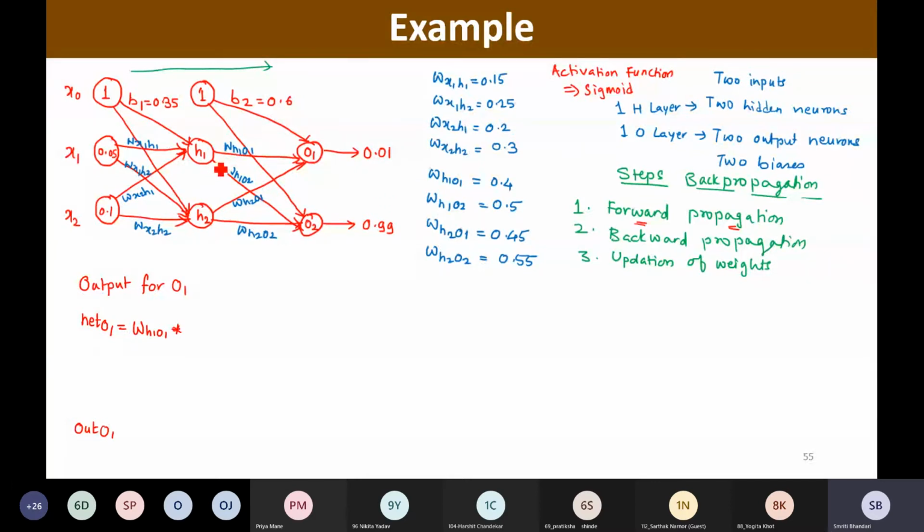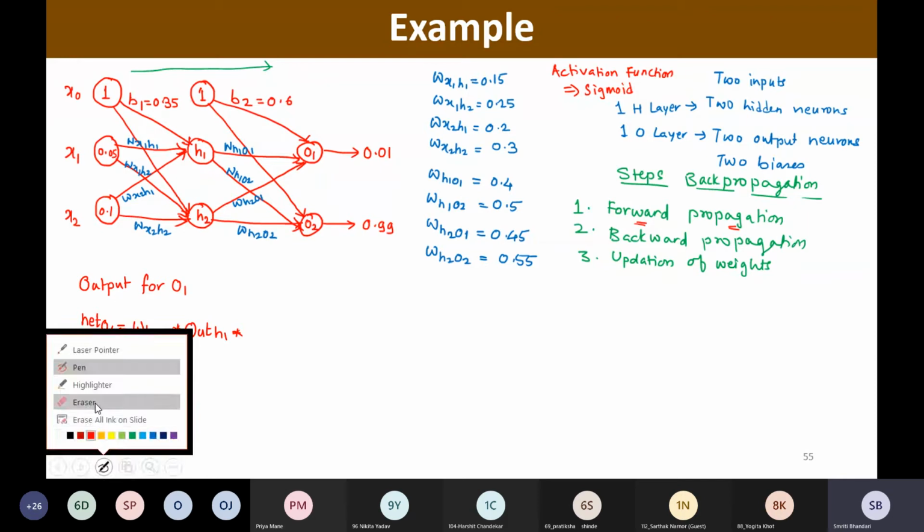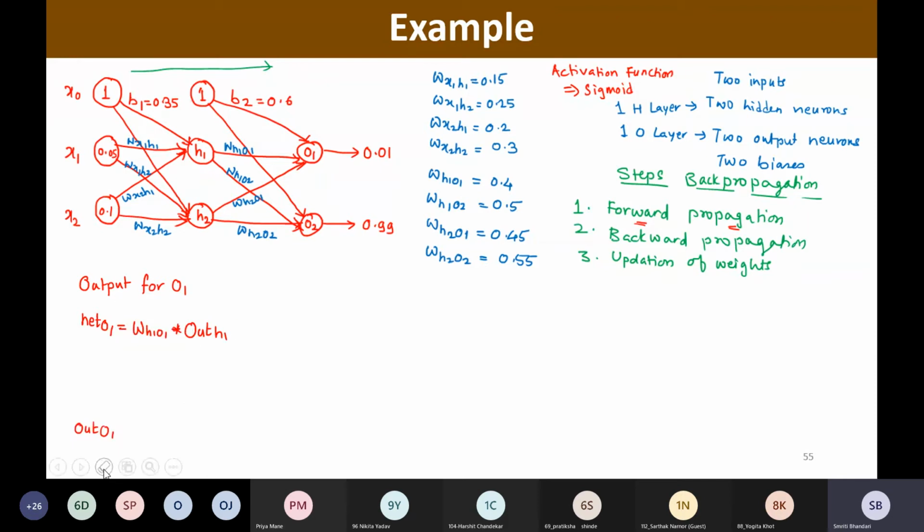Correct? So output of H1 we have computed in the earlier step. So WH1O1 into out H1, plus this weight WH2O1 into output of this H2, that is the input for my O1.